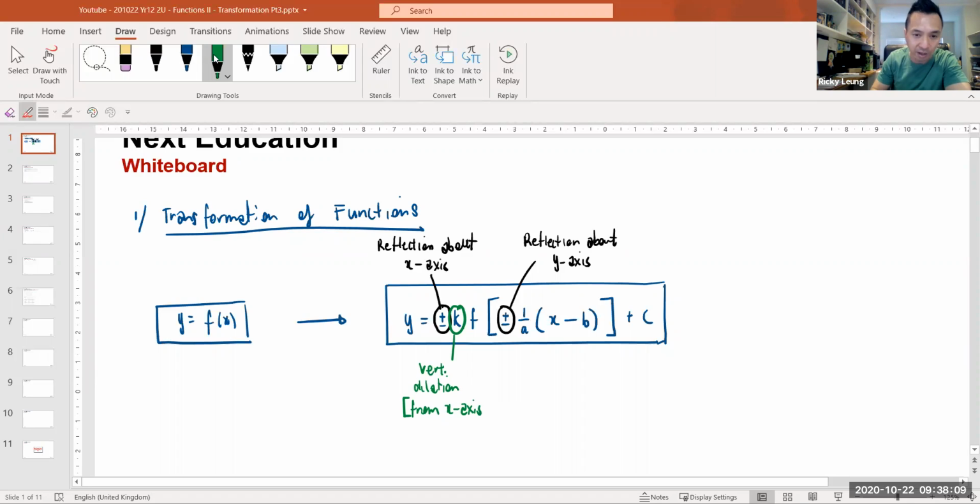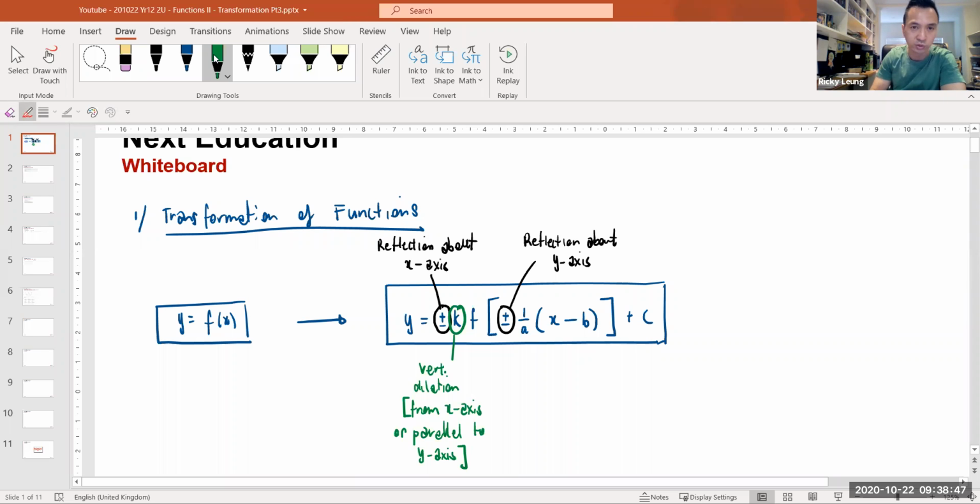But another way of describing this is parallel to the y-axis. And that means for all these translations, whenever you're doing something parallel to the y-axis, you're moving it up and down. That makes sense, because when I vertically dilate, I'm basically making the graph either shorter, flatter, or taller. So the dilation effect is a movement parallel to the y-axis.